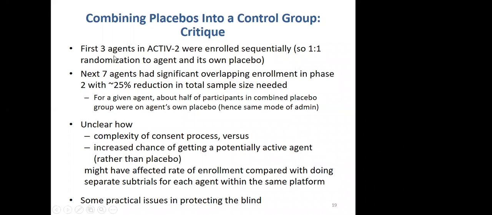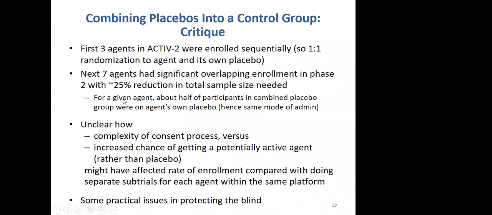So the first three agents in ACTIV-2 actually came in sequentially, so there wasn't that complex randomization system. But the next 7 agents had really significant overlapping enrollment in phase 2. And this is where we really see the benefit in terms of that shared or combined placebo group with roughly a 25% reduction in total sample size that was needed to evaluate these agents.